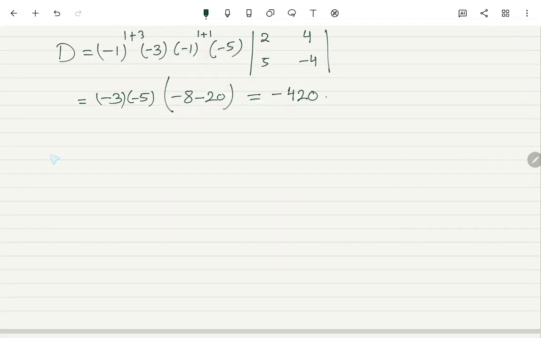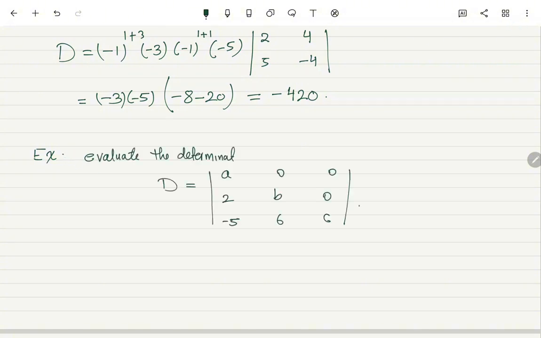One more example. Evaluate the determinant. This determinant right here. D in this case, it's equal to minus 1. Now pick up any row and any column. Now the good thing is to choose the one with more zeros.